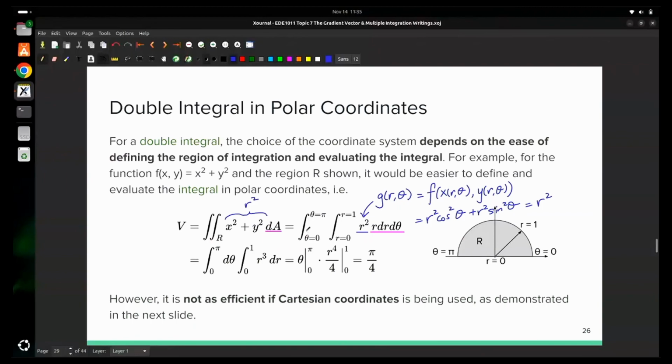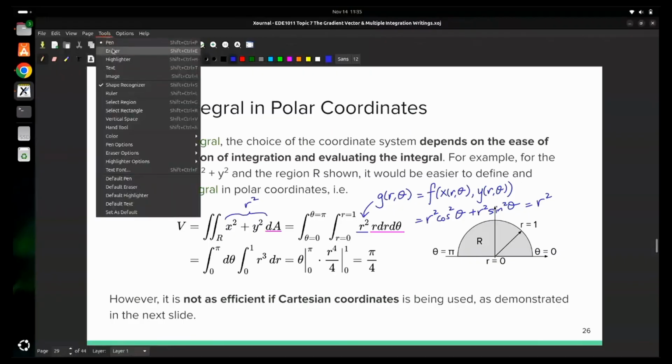Now the truth is, you can separate whenever your variables in r and your variables in theta can be so-called performed independently in terms of the integration. So I'm going to prove this to you. But this only happens when your limits are constants.